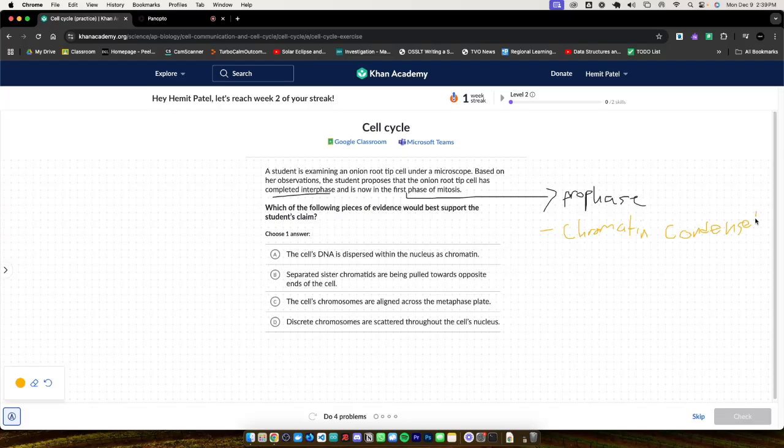Now, since it's condensed, it's no longer in its chromatin format, but rather in its chromosome. Chromosome. All right. So now it's in its chromosome format. Okay.